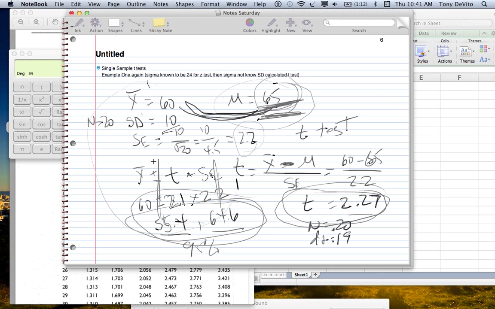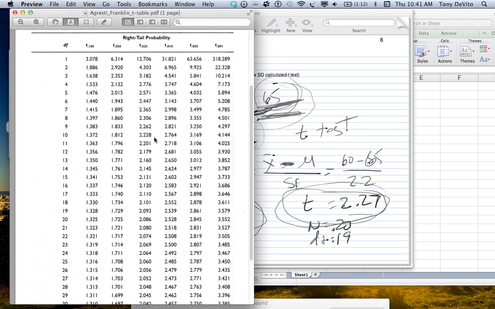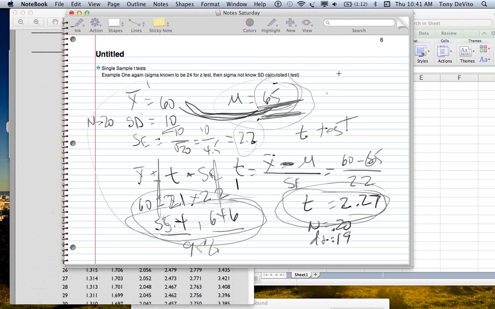Now, if I go to my t-table and go down to 19, and go to 95% certainty, or 5% chance of being wrong, my alpha error is 5%, I see a value of 2.09. I can use that value as my critical value for t.